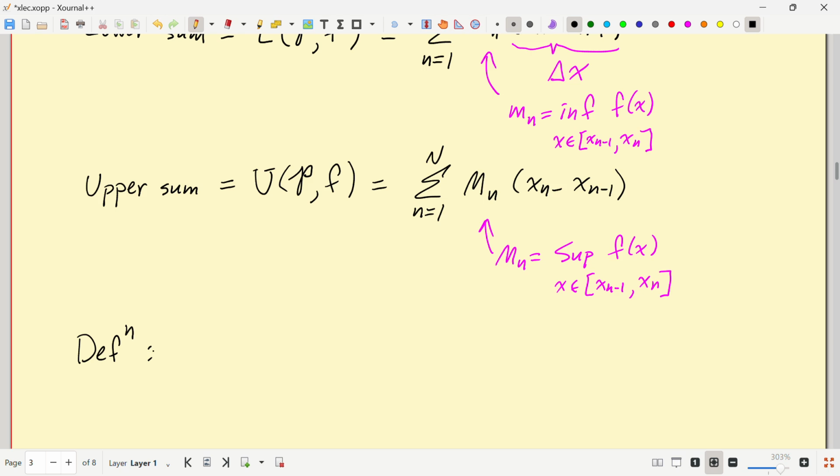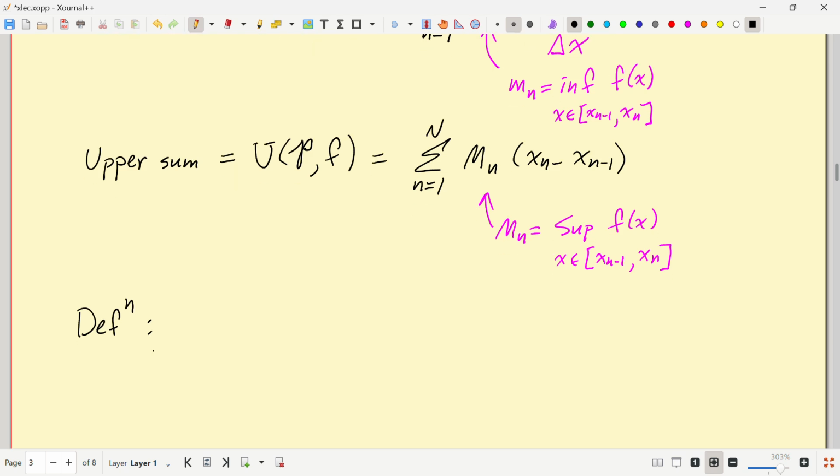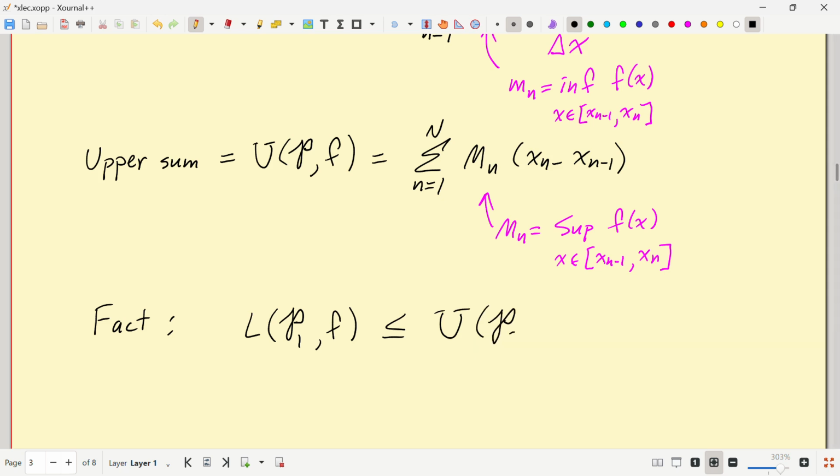That would be a lemma in a minute. It's a very straightforward, easy lemma, which I'll show you. Fact: L of a partition P1 of f is less than or equal to U of any other partition.